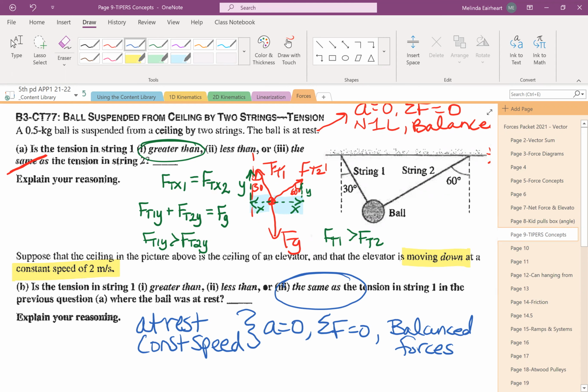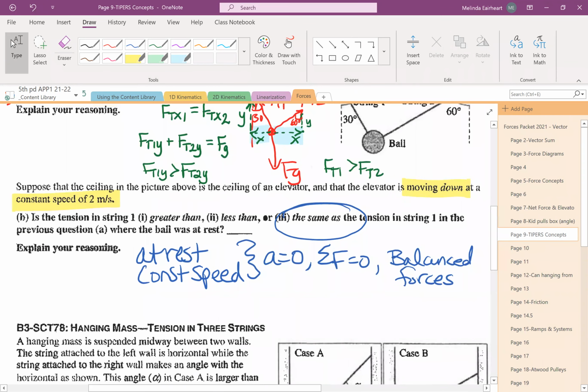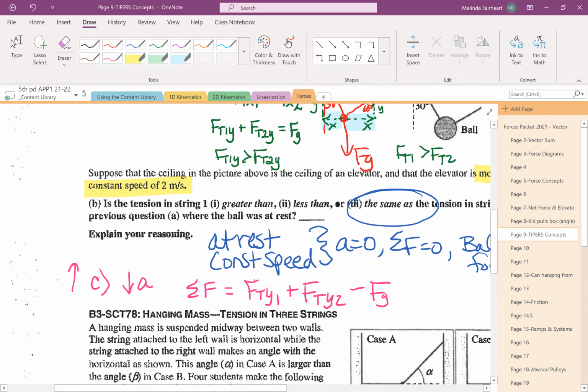Now, what if it was accelerating downward? Kind of think back, what would part C be? Okay, if they were accelerating downwards, then what? Then it would be just like before, right? Or yesterday, last class, you would have an F net. Okay, we'd have to define the direction, but we would have the tension forces and then minus the gravitational force. So basically right here, I said up is positive.